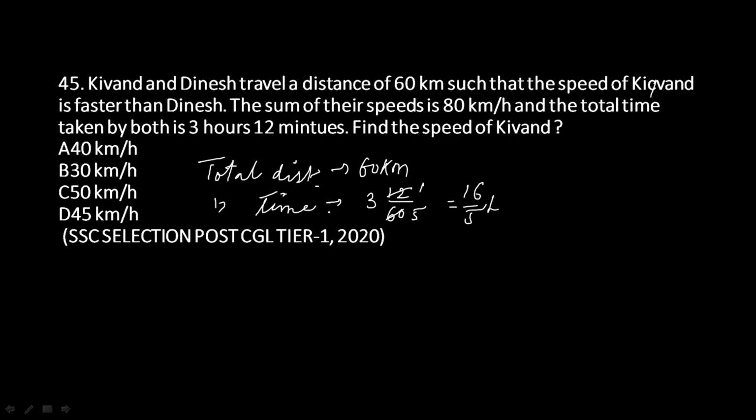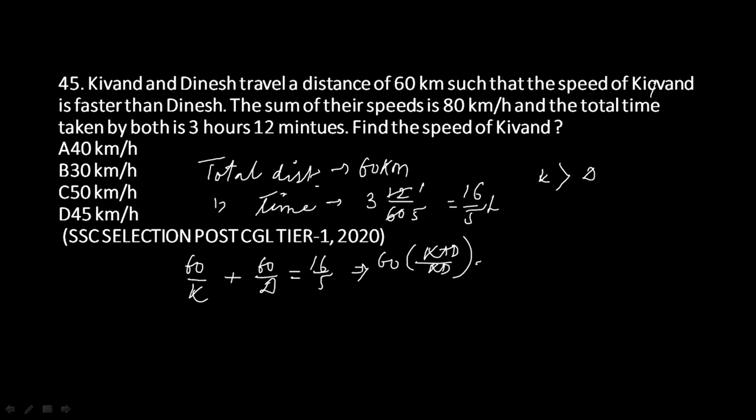So here we can form an equation. It is given that Kivan's speed is greater than Dinesh's speed. 60 upon k, meaning Kivan's speed, plus 60 upon Dinesh's speed d is equal to 16 upon 5, right? Taking 60 common, (k plus d) by kd is equal to 16 by 5.